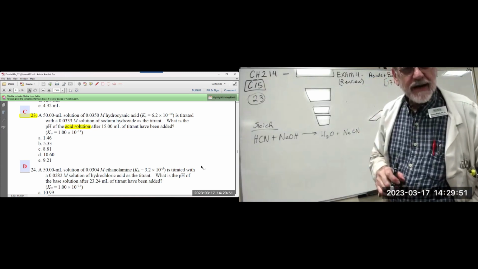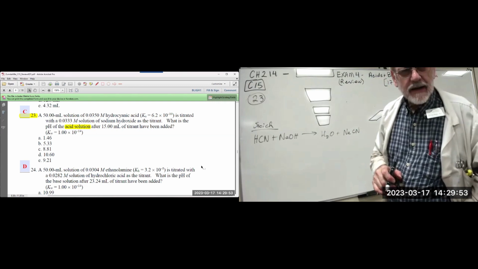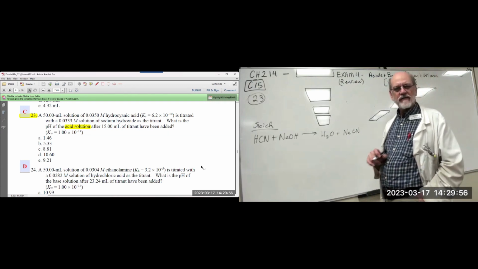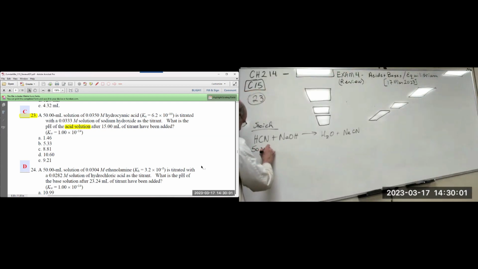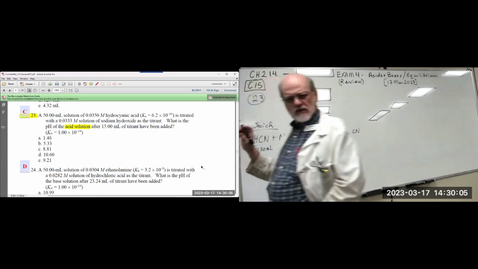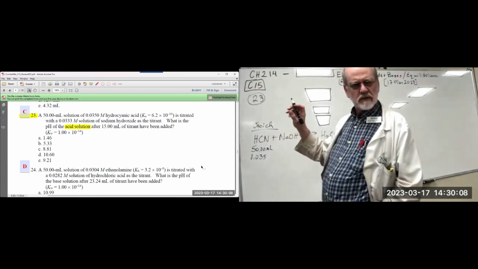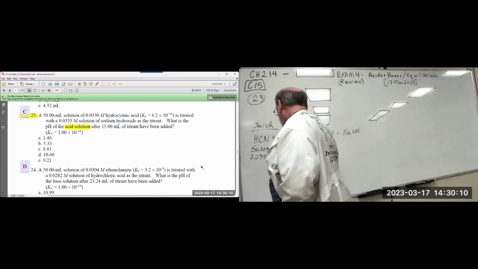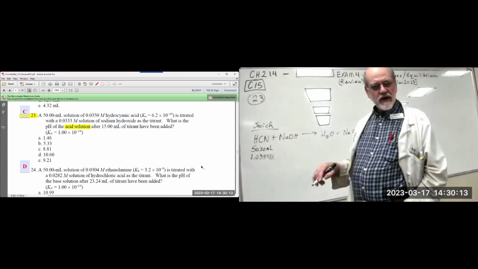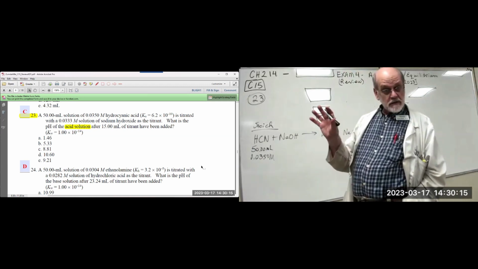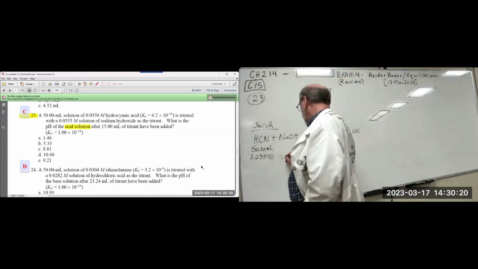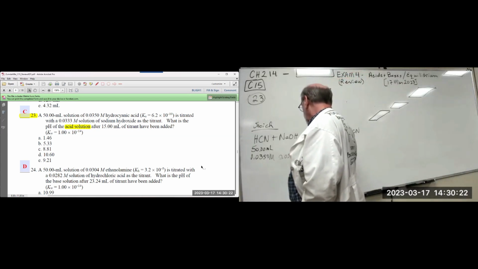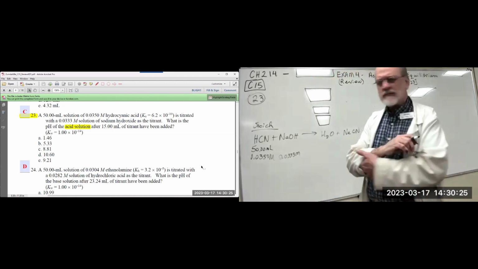So we have 50 milliliters of 0.0350 molar HCN, and sodium hydroxide, we have 0.0333 molar, and it said that we added 15 milliliters.